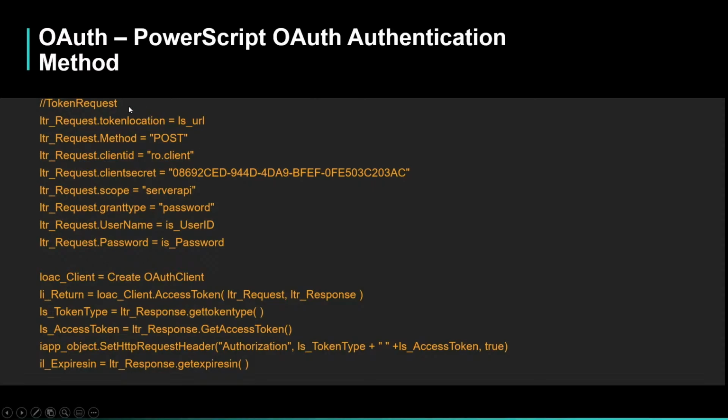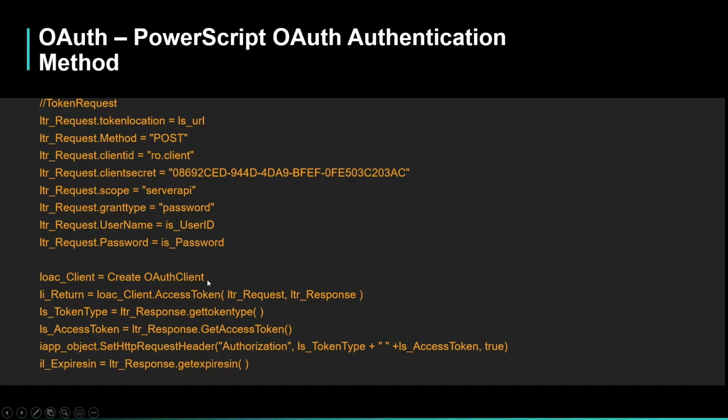We create a token REST object and specify the location as the URL in the server that we're going to call, indicate it's going to be a post, client ID of ro.client, the client secret, and then a scope, the grant type, a password, and that's how we know that we're going to have a user ID and password that we're passing in. So we're going to take the user ID and password that came to us from the login window and add them to this token request.